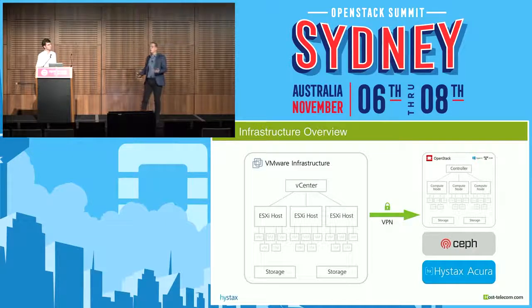It was VMware running a bunch of ESXi hosts with VMs on them, controlled with vCenters. So a classic VMware installation. On the right side, what we had in the Haas Telecom data center was an OpenStack Newton installation with Ceph Luminous to store snapshots, to store deltas for all the customers' production, and our solution install.